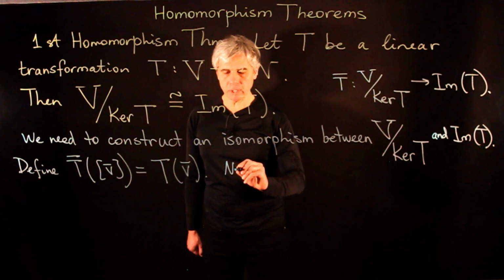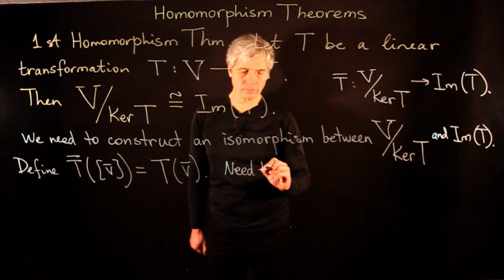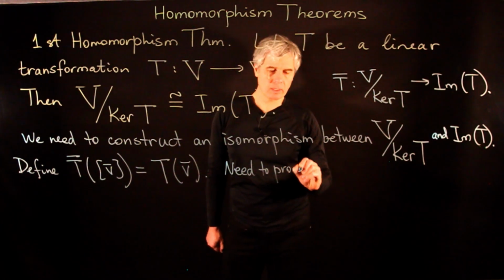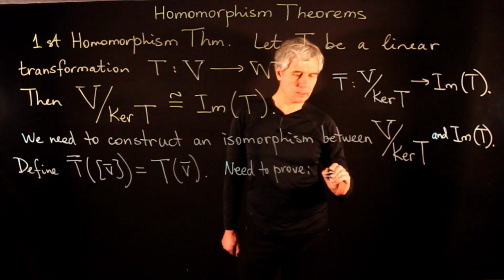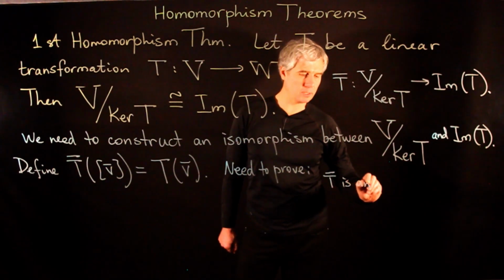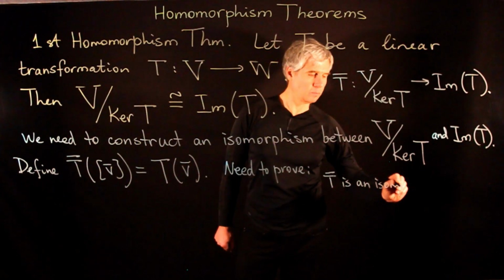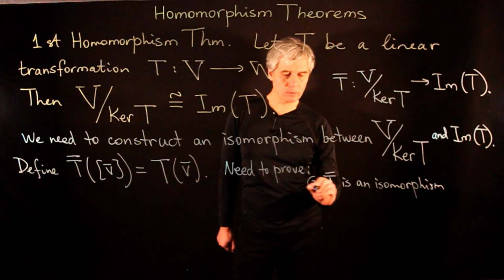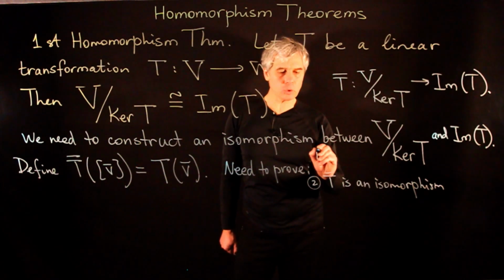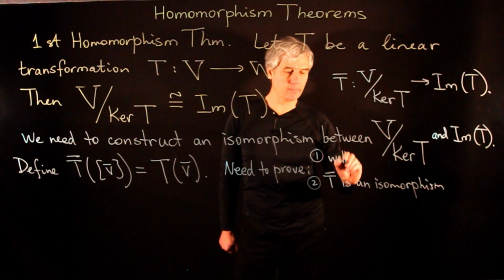So what do we need to prove? Well, of course, we need to prove that T bar is an isomorphism. But this is actually going to be the second order of business. And the first order of business is to show that it's well defined.